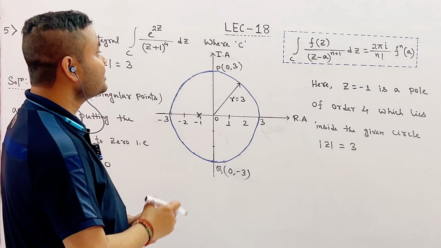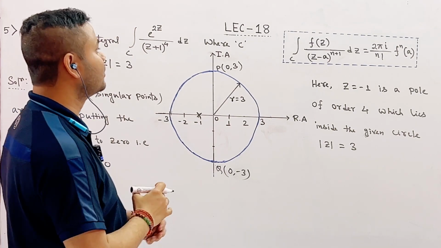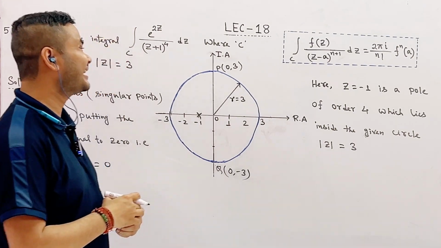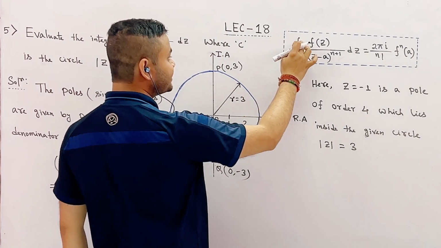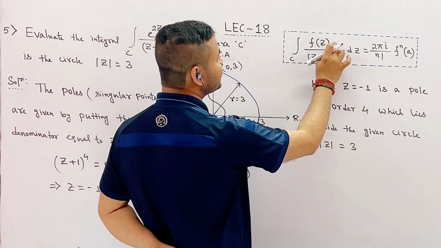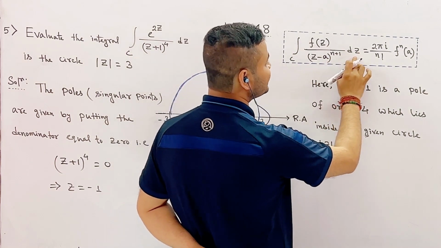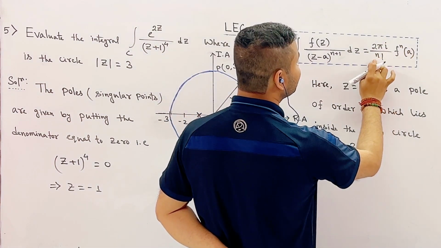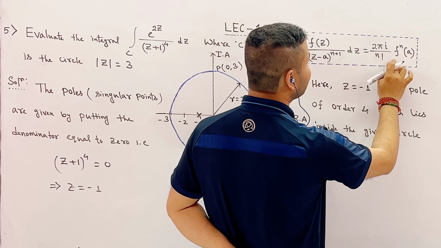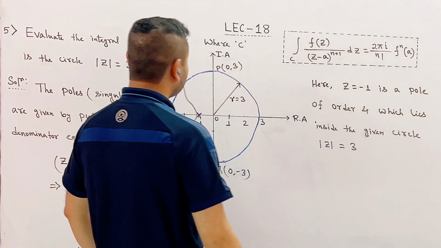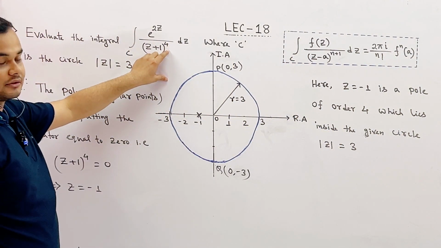Now let us apply Cauchy's integral formula for nth derivative of an analytic function, which is integration along curve C f of z divided by z minus a whole to the power n plus 1 dz is equal to twice pi i divided by n factorial into f to the power n a. For our case, n equal to 3.